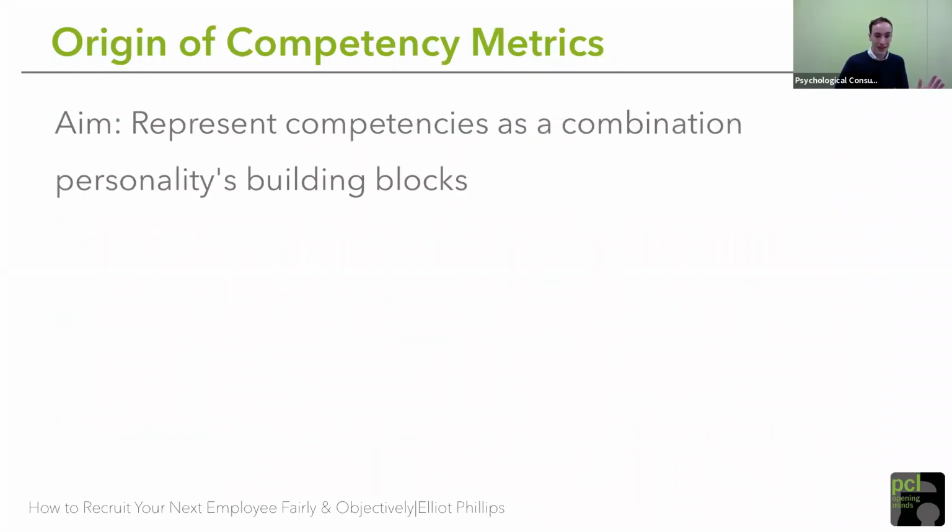So that is what triggered PCL to create what we call competency metrics. We wanted to represent competency fit as a combination of personality's building blocks, so each person can take a personality assessment and the report comes out as competency fit per competency, based on what their typical behaviours are like as per personality reports.